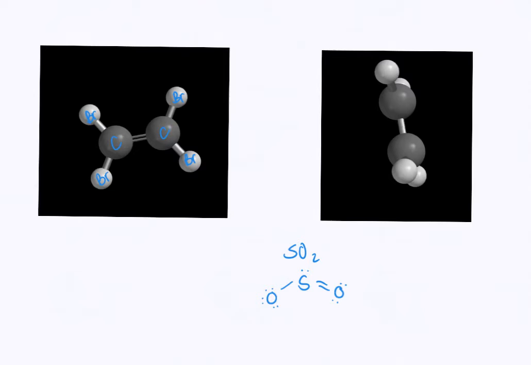We can see that this here is our lone pair. So this will push down and it will create an angle that is less than 120 degrees.